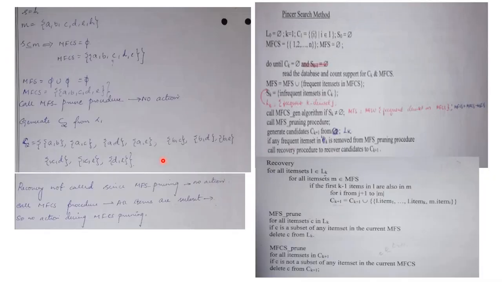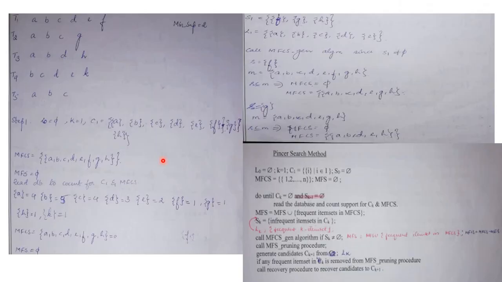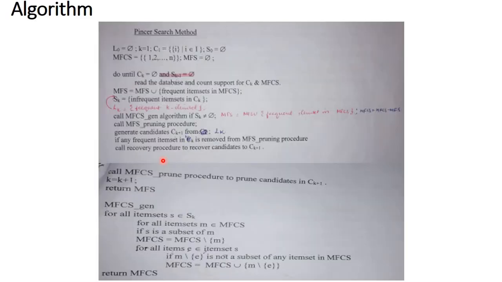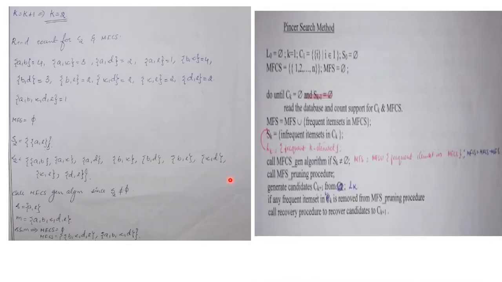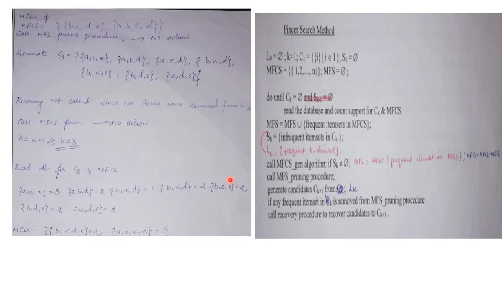So the next step in the algorithm here, call the MFCS prune procedure. So I should be checking whether every item set in C4 is also present in MFCS.